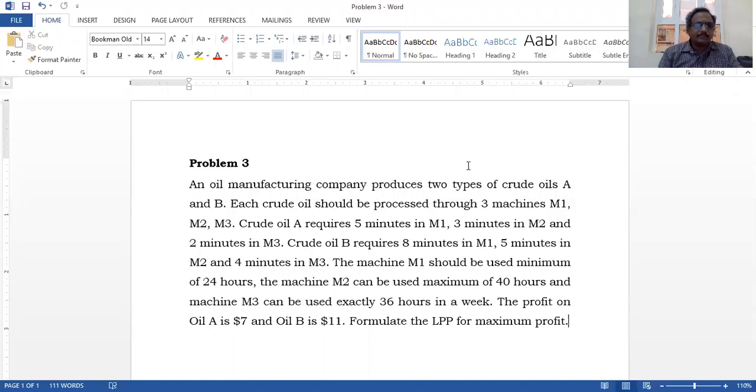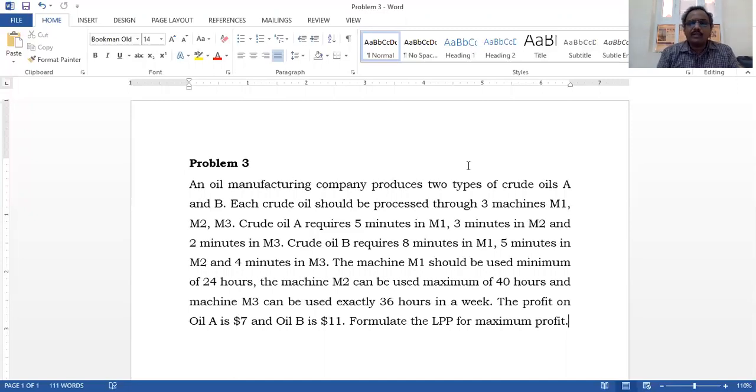For example, an oil manufacturing company produces two types of crude oils, A and B. Each crude oil should be processed through three machines, M1, M2, M3. They have given the requirement. Crude oil A requires 5 minutes in M1, 3 minutes in M2, and 2 minutes in M3.